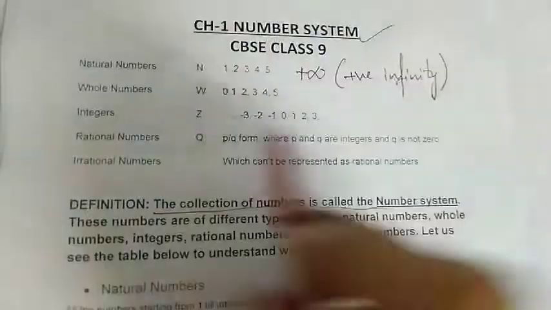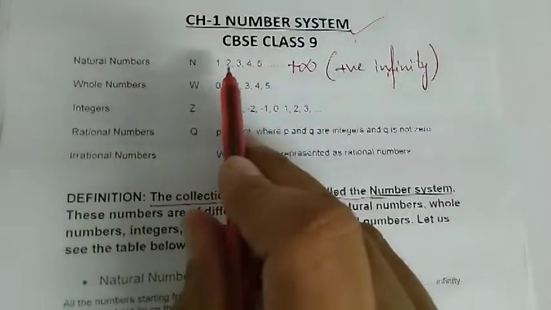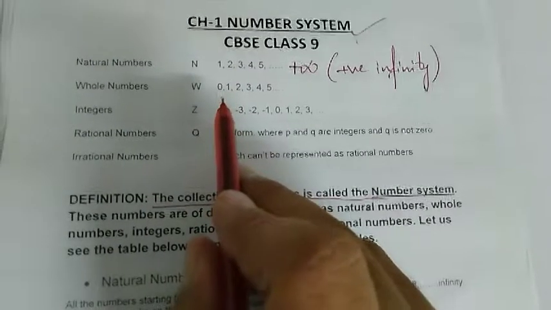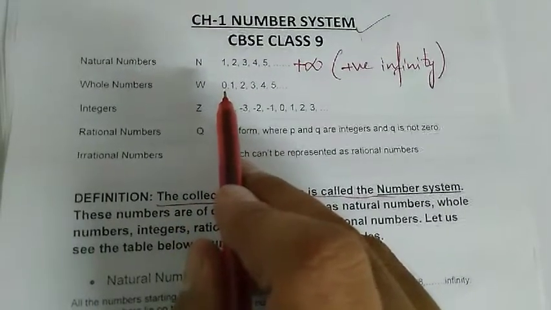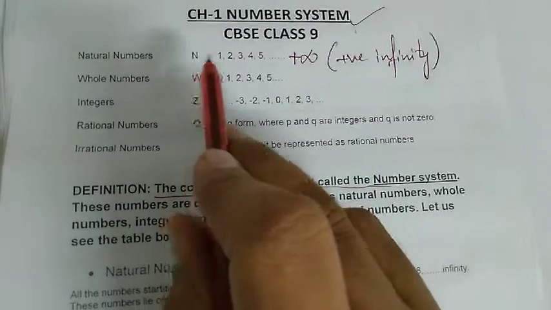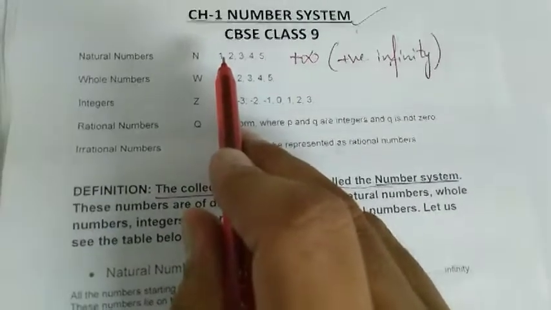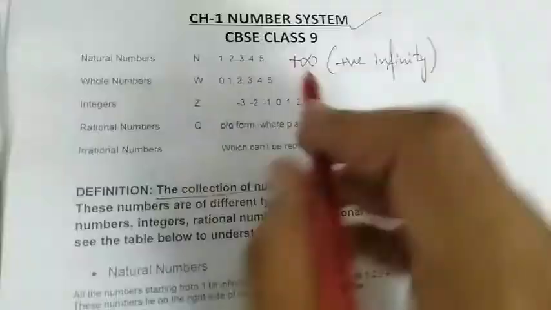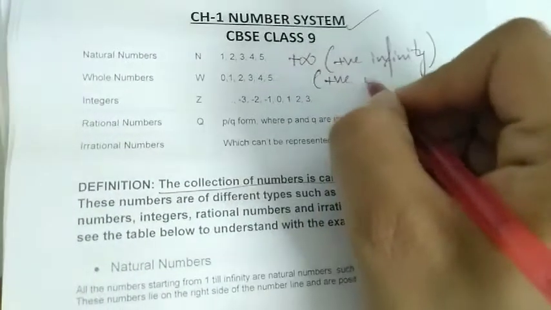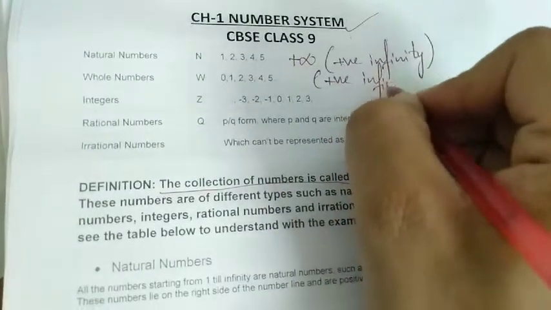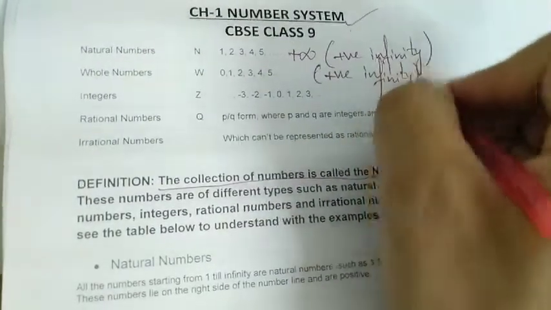Okay, so what are whole numbers? The difference between whole numbers and natural numbers is that whole numbers start from 0 and natural numbers start from 1. That's the difference, and this also goes till positive infinity.